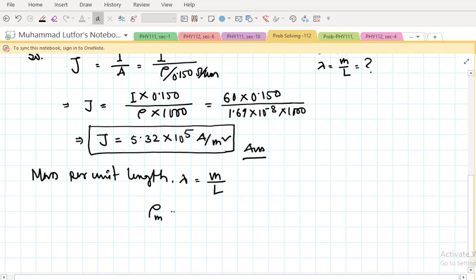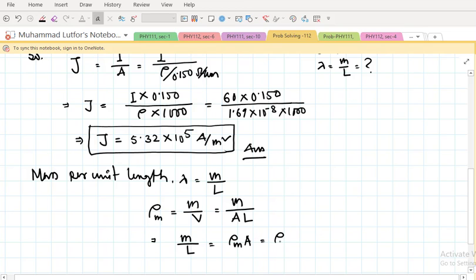We define rho m as mass per unit volume, and we can write volume as area into length, right? We can rearrange this equation. In that case, mass per unit length would be mass density into area, right?